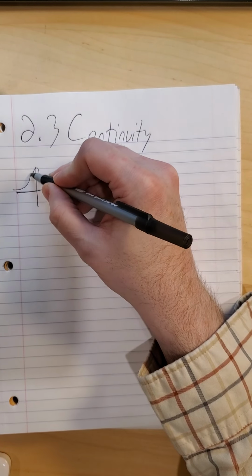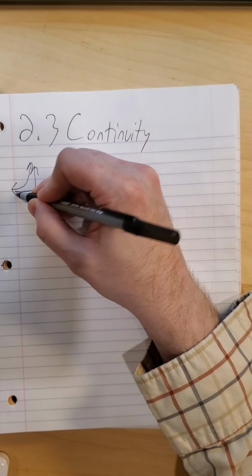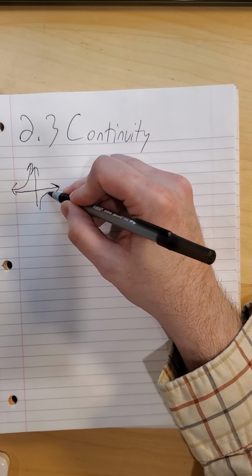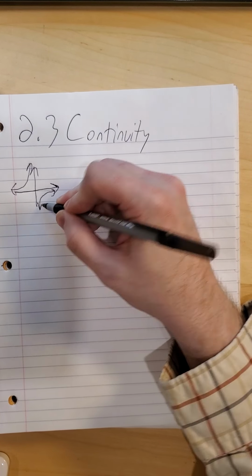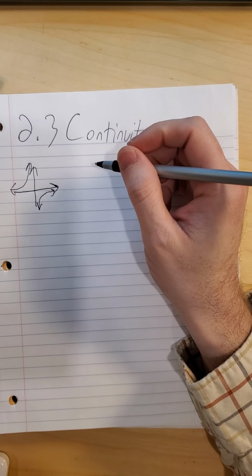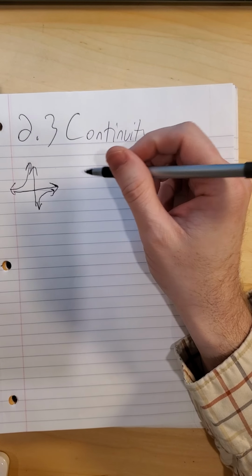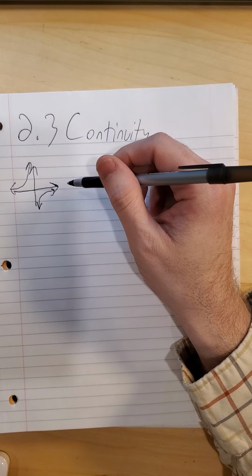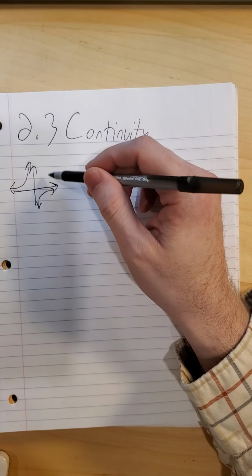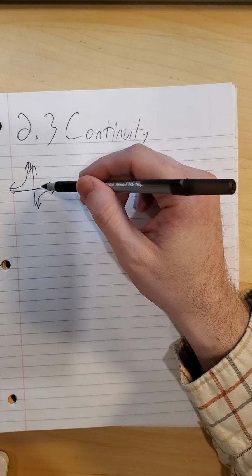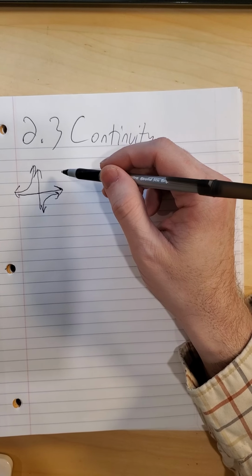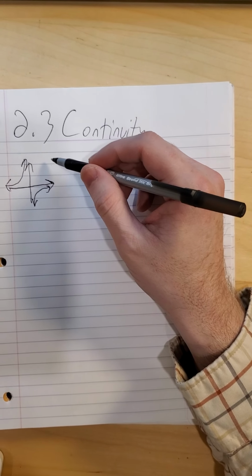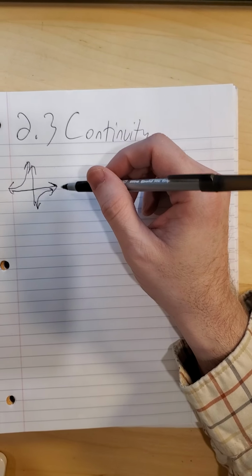So one basic function that you're all familiar with that is not continuous, at least in one spot, is the reciprocal function. This one is actually the opposite of the reciprocal function. So basically f of x is the opposite of x.